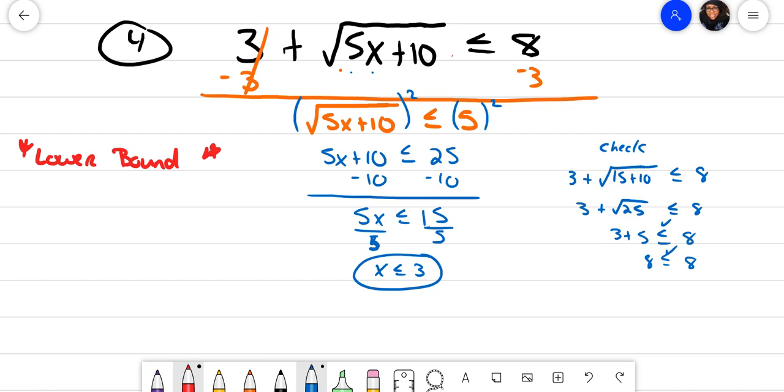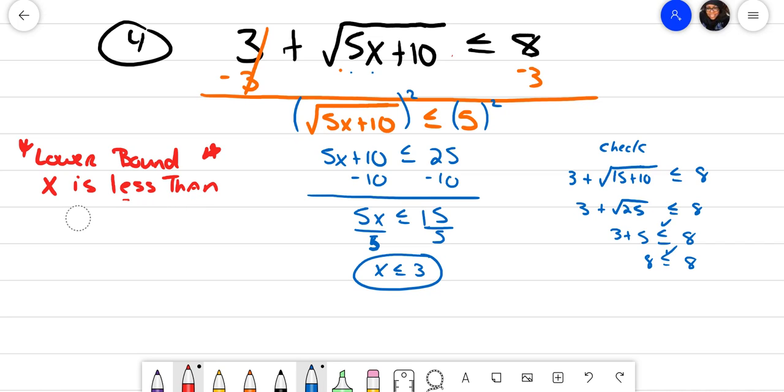Again, this is only going to be necessary when x is less than. So if you have x is less than or equal to some value, whatever it is, when x is on the less than side, this is going to be when this is necessary.